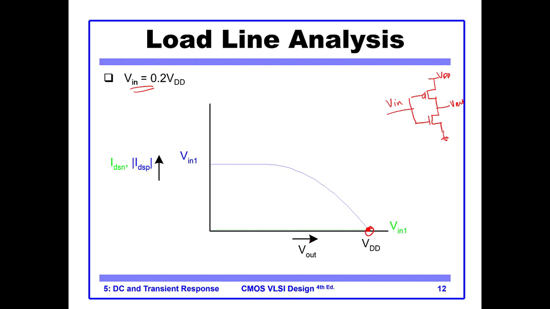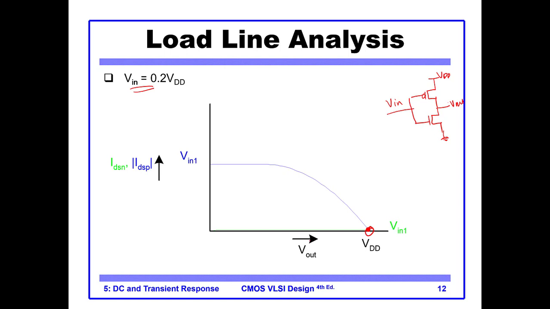So what happens at that point when it is not equal to VDD, but it is, let's say, 20% of the VDD?